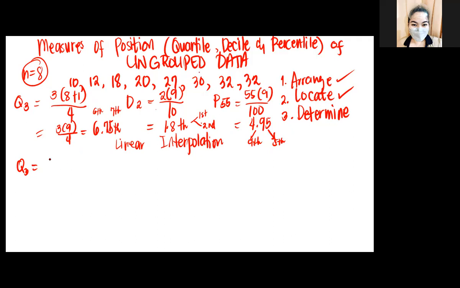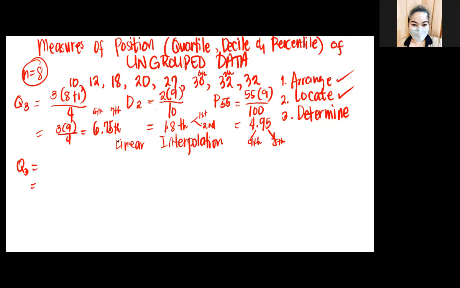So ito po yun. We have 30. Then i-add natin siya doon sa 0.75 times natin yung difference nilang dalawa. So this is your 6th data and this is your 7th data. Subtract natin sila. Siyempre, mauna tayo sa 7th kasi mas malaki yun.